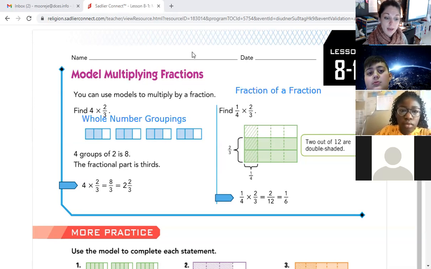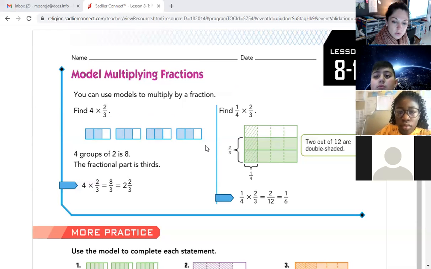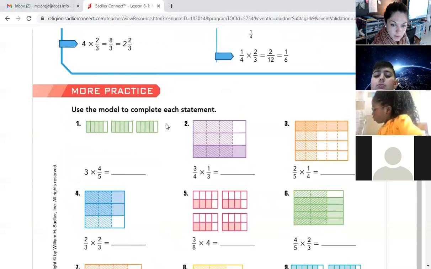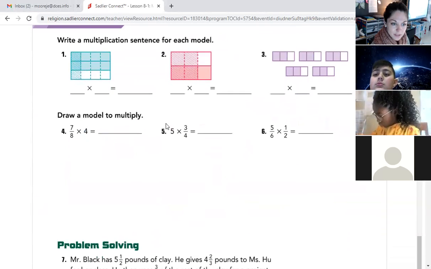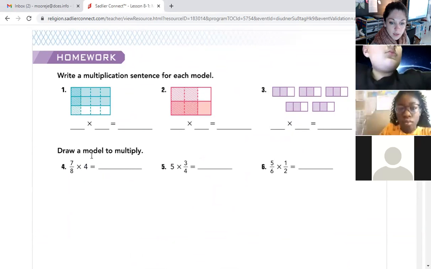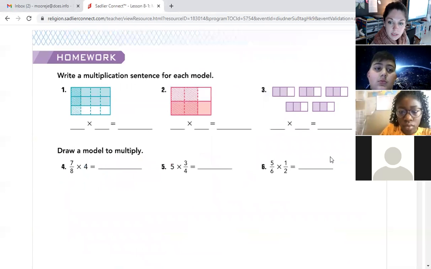We'll review the answers of the modeling, but then I will show you how to do it quickly procedurally as well, which is today's lesson. Turn to your homework page, which was 126. Wafiq, you might not have this, but grab a sheet of loose leaf and then we can write out the models and the answers for each, okay?